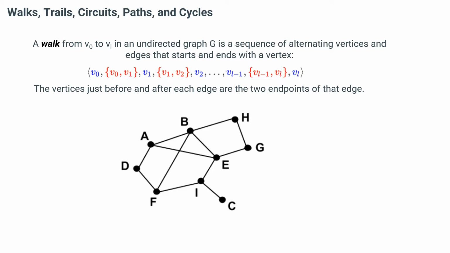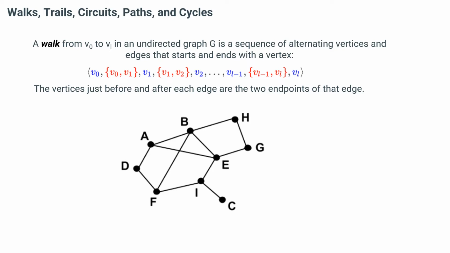A walk from V0 to V1 in an undirected graph G is a sequence of alternating vertices and edges that starts and ends with a vertex. So basically we're going to start at a vertex, walk along the edges, and get to new vertices.